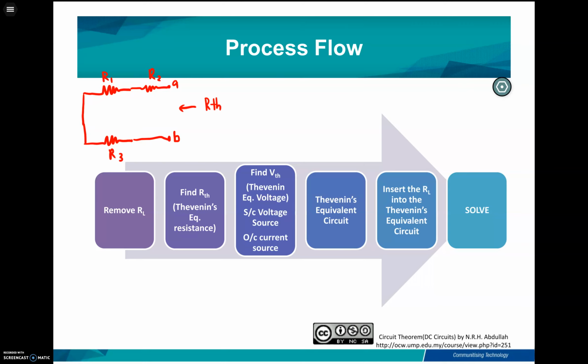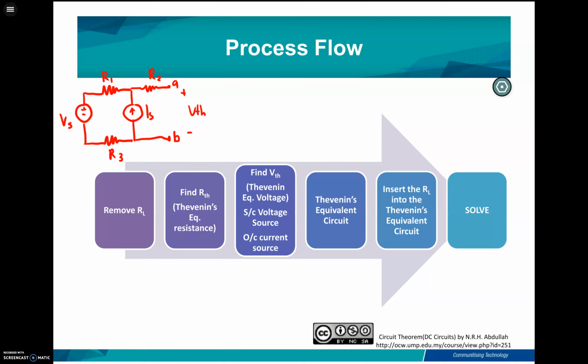For the next step, you have to find the V Thevenin. Use the previous circuit and mark the V Thevenin at terminal AB.